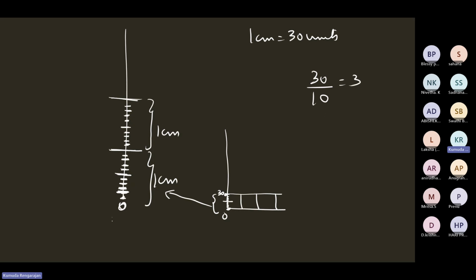So 0, 3, 6, 9, 12, 15, 18, 21, 24, 27, 30, 33, 36, 39, 42, 45, 48, 51, 54, 57, 60. Keep adding 3. Each subdivision will carry 3. So reading the subdivisions is very, very important.